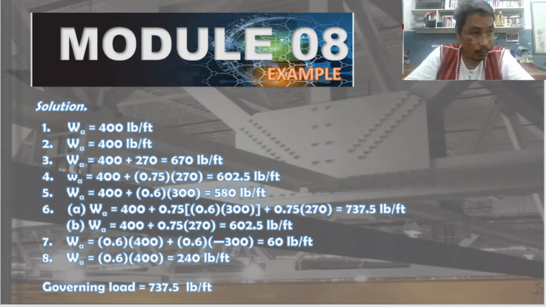So dead load plus 0.75 times 0.6 wind load, okay, so that would give us 737.5 pounds. So 0.75 here and times 0.6. So always in ASD, wind load is multiplied by 0.6.